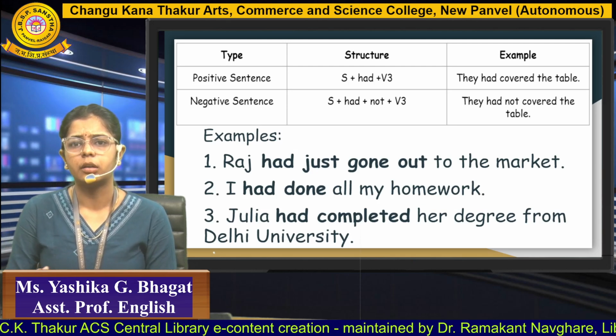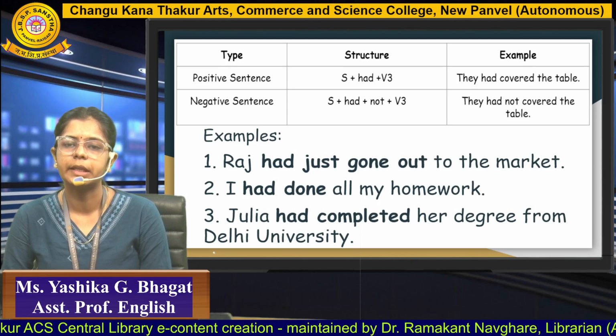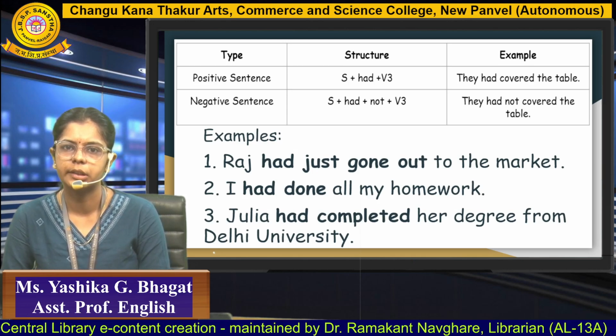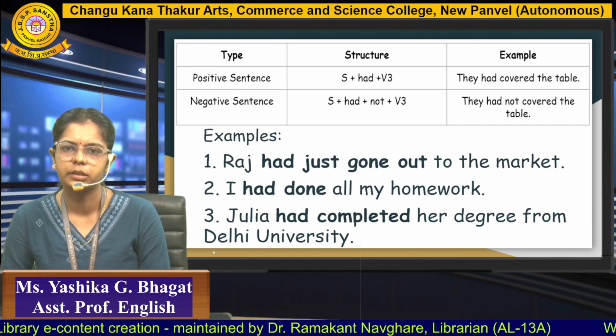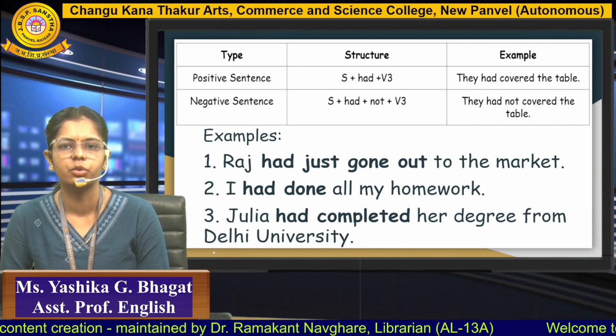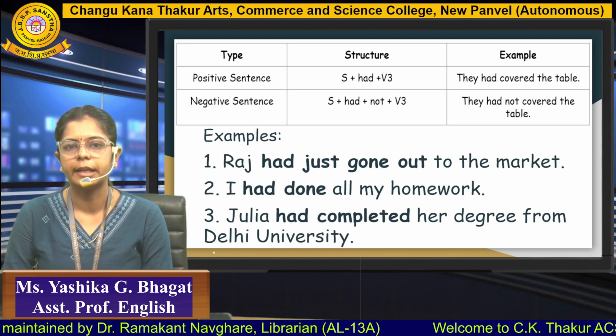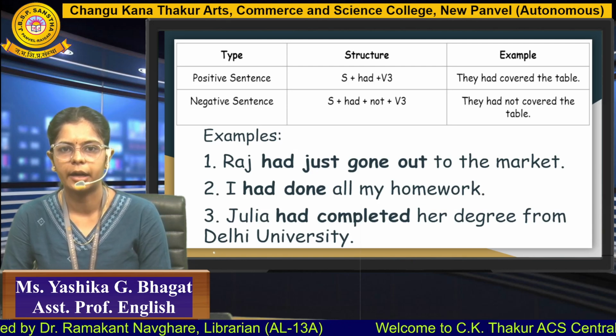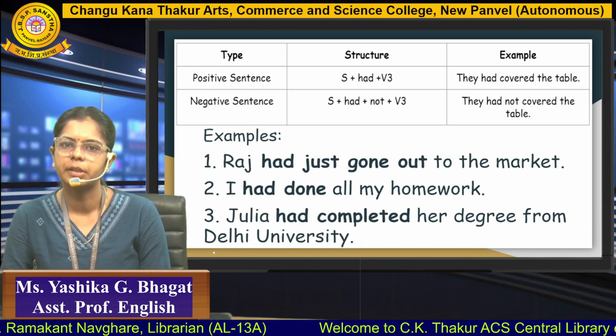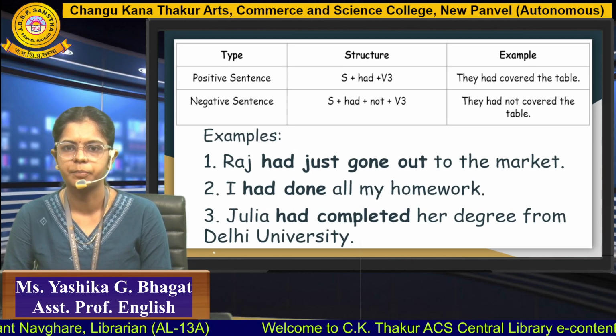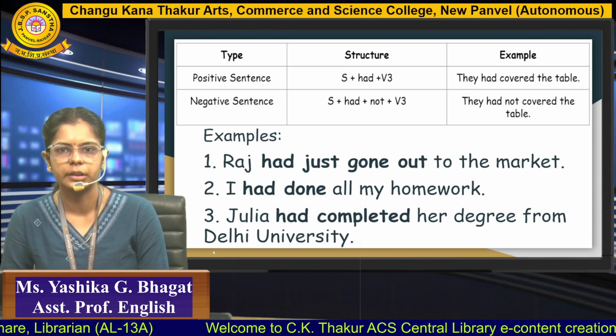The relevant example will be: they had covered the table. They being the subject, had the helping verb, and covered, which we are using in the third form. Negative sentence for this will be a negation after the helping verb had. Therefore, subject plus had plus not plus V3. They had not covered the table.